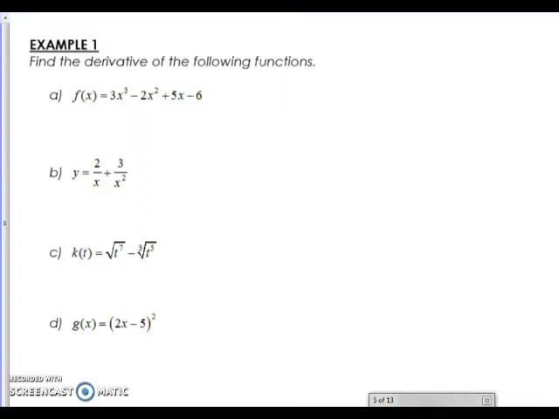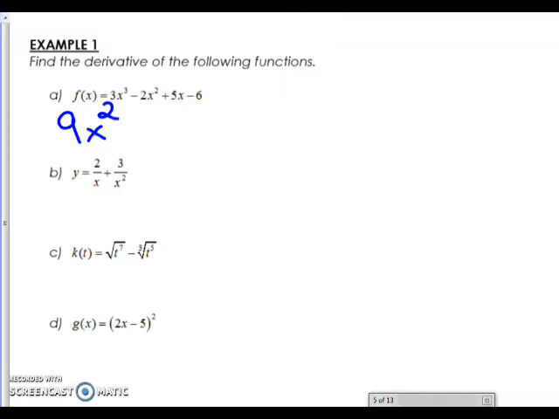So here, this has 4 terms, and we can take the derivative of each term. If I'm looking just at this blue part right there, to take the derivative, I multiply 3 by 3, and I get 9. I copy the variable, which was x. I reduce the exponent by 1. That's it for that term.